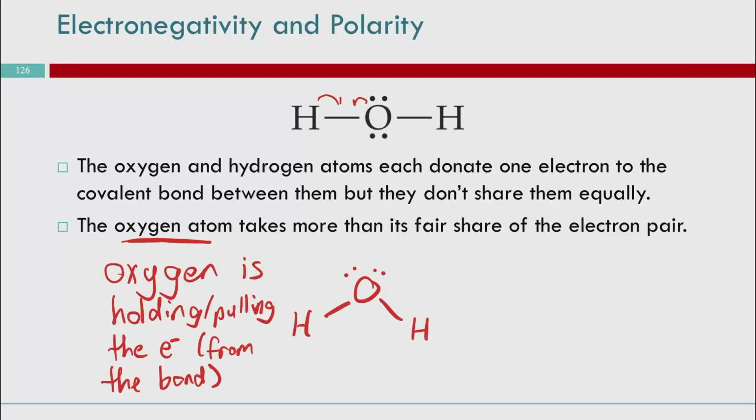The hydrogens have a little bit less of the share of the electrons in that bond than they should if it was equally distributed, and the oxygen has a little bit more.